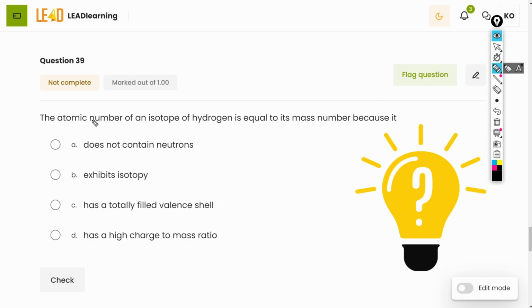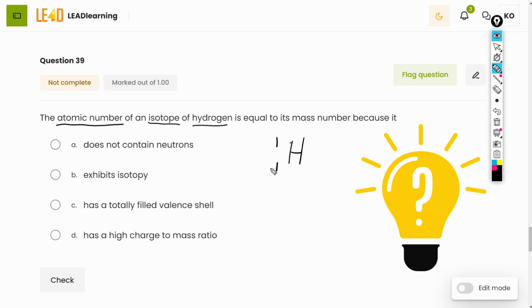Question 39. The atomic number of an isotope of hydrogen is equal to its mass number because... Let's use numbers now. Let's say the atomic number is 1, equal to its mass number 1 as well.